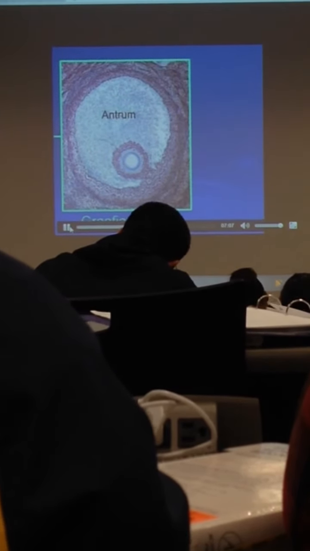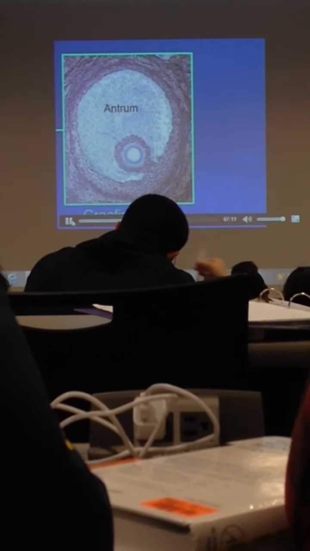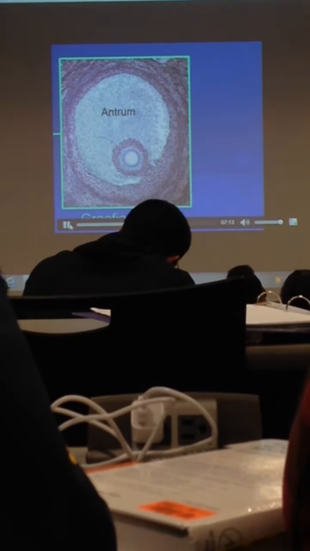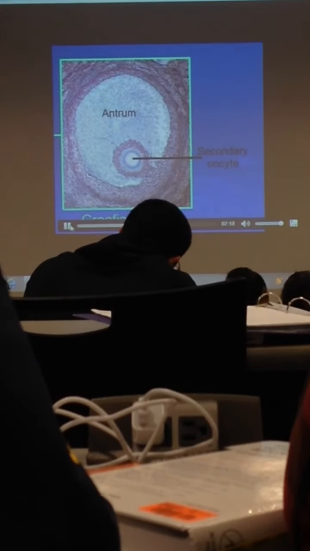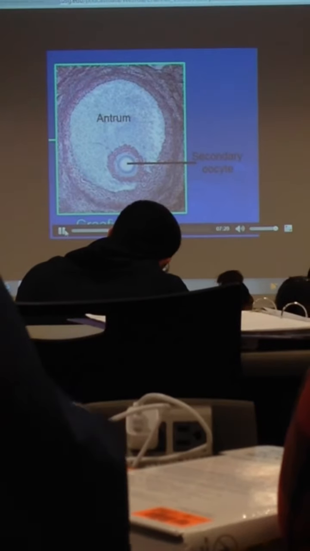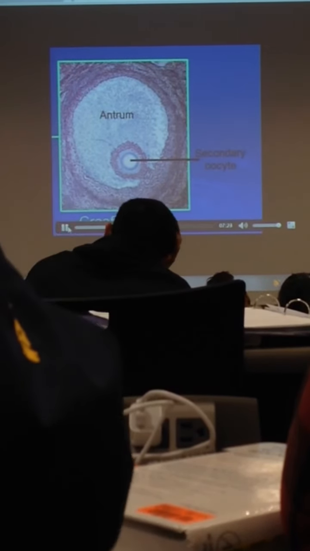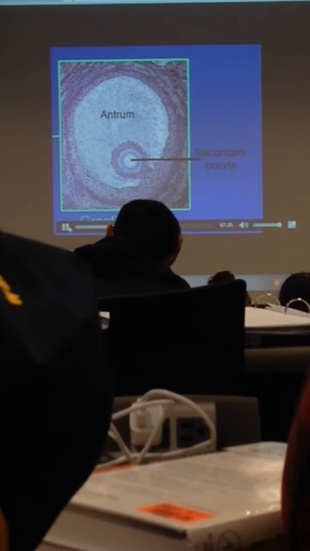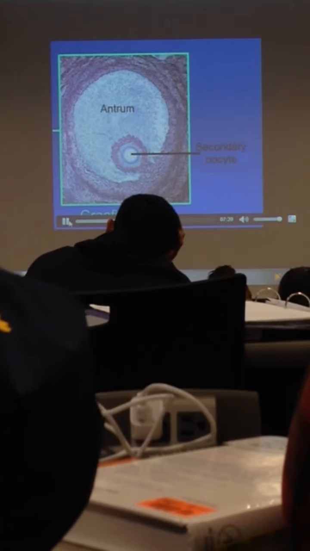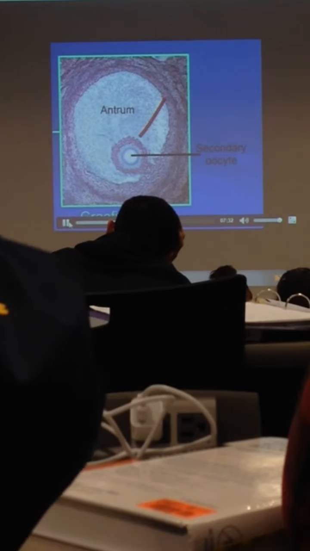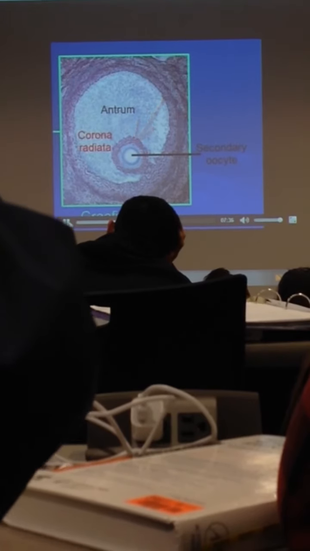A few hours prior to ovulation, the primary oocyte completes meiosis I, forming a large secondary oocyte, seen here still enclosed in the zona pellucida, and a smaller first polar body, which cannot be seen in this view. The ring of cells surrounding the secondary oocyte is called the corona radiata.